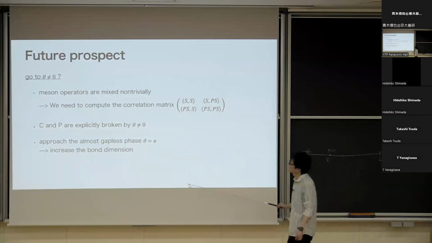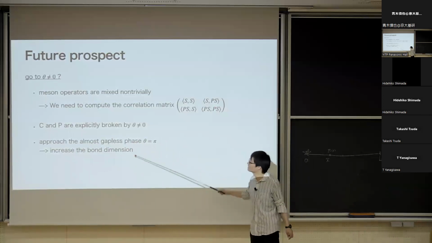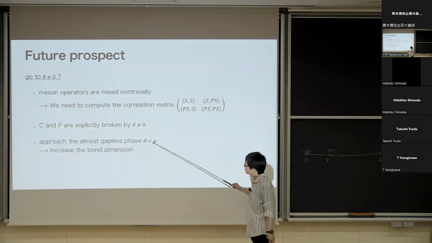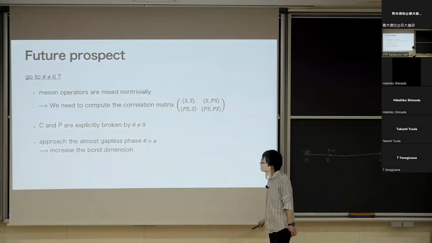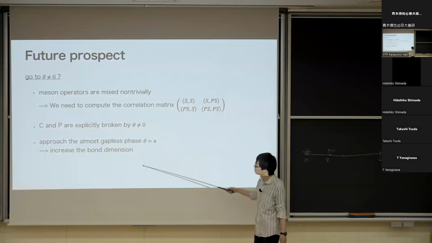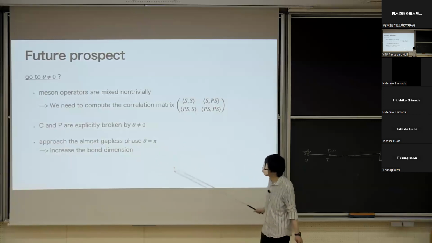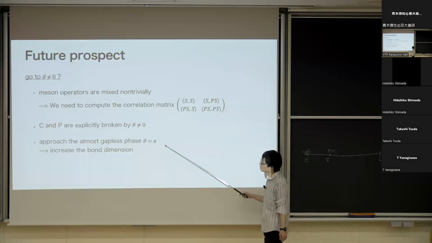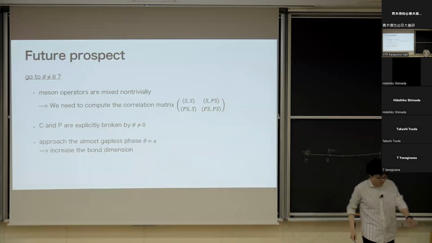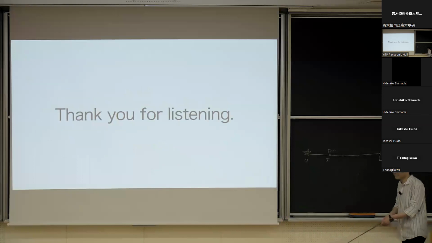But still we can use MPS. Maybe it's not good at exactly theta pi, but we can approach pi. And also, other kinds of tensor networks, such as MERA, may possibly be useful, or quantum computation is also a possible direction. Thank you for listening.